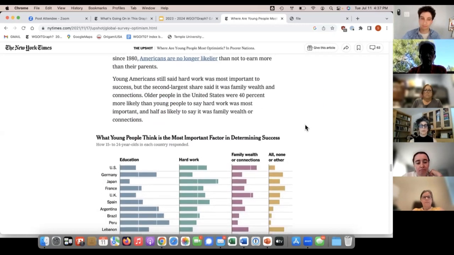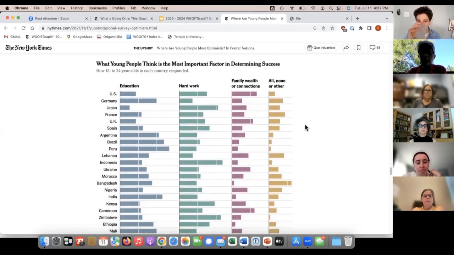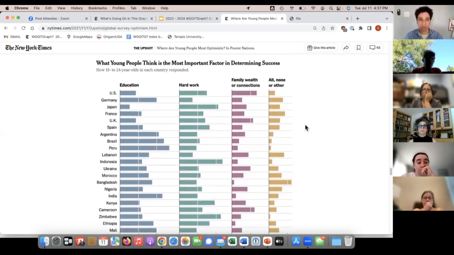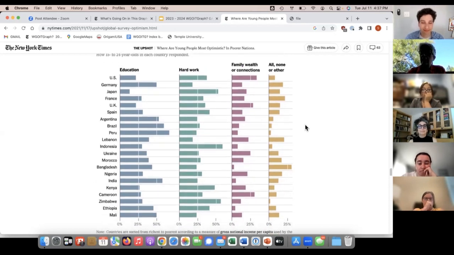And this one, okay, actually appears as another What's Going On in This Graph two weeks later, which is what young people think is the most important factor in determining success: education, hard work, or connections. Okay, so these are part of that same chapter in the United Nations report. So that's another place you can go back to. But you've always got the article to go back to for answering questions.